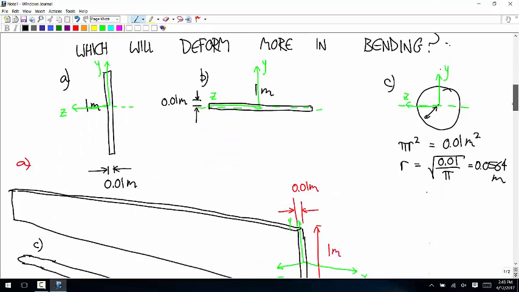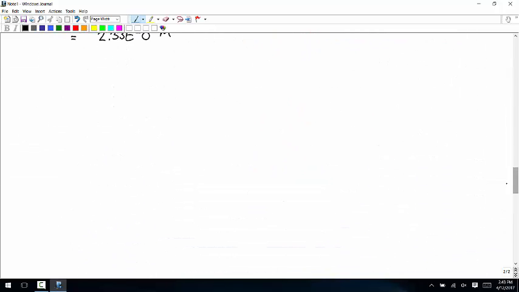So the restrictions on the beam types. Yeah, I think that's really useful to go through. Let's just go through all of them so far.